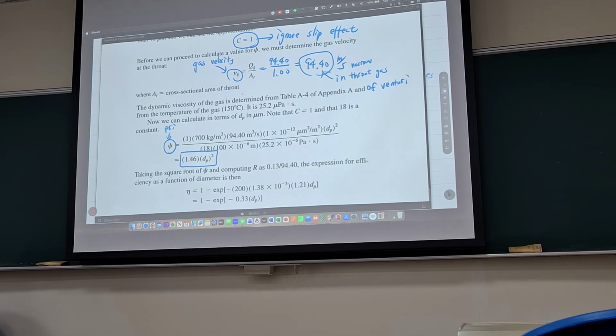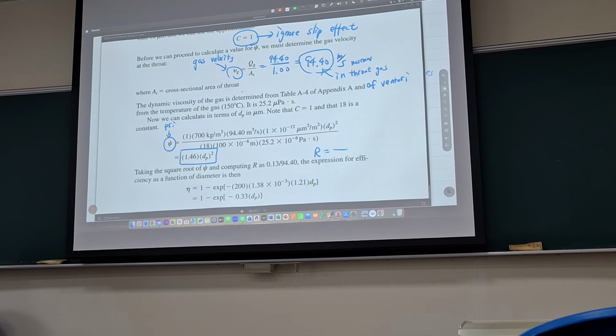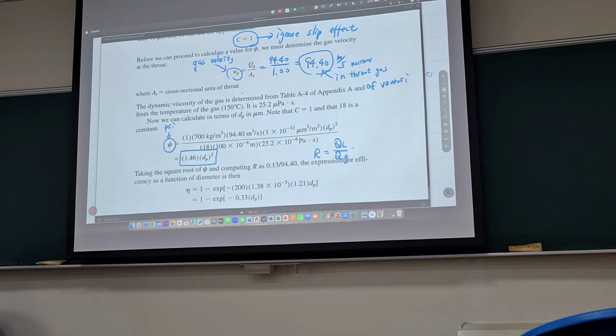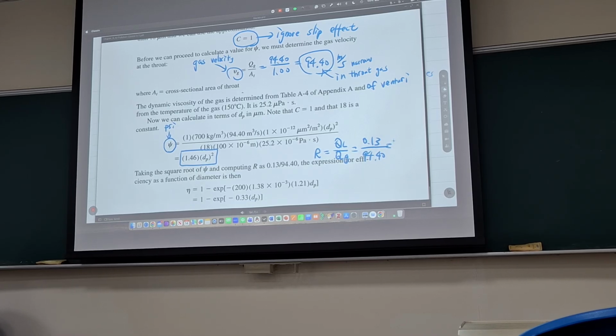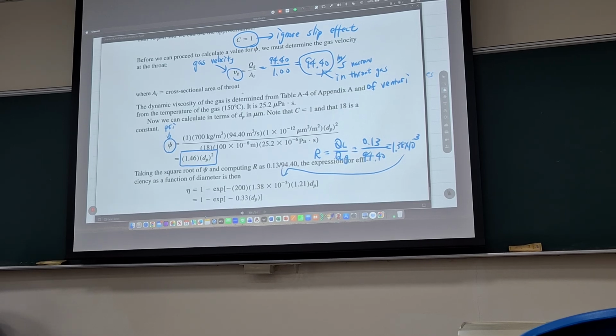We are also missing something called R. R equals QL over QG, so QL is 0.13 and QG is 94.40. We get 1.38 times 10 to the power minus 3. Now we really have everything, so we just plug in and we get this.